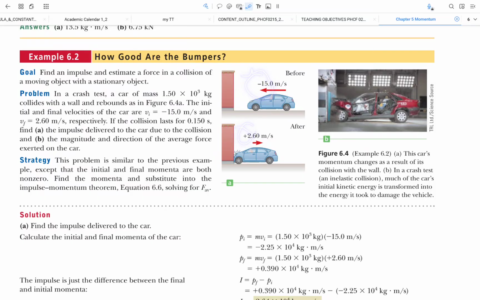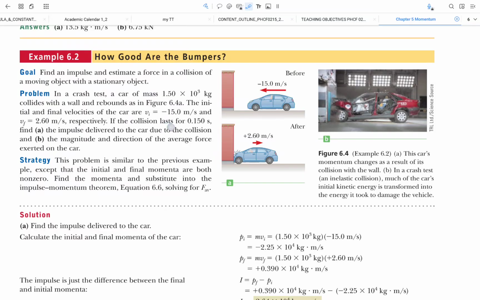So the initial and final velocities are properly put down over here, which means the data will be given together with the direction. Sometimes the questions do not give you the direction. It will say something like the initial and final speed of the car respectively, so you have to be careful when it mentions speed.